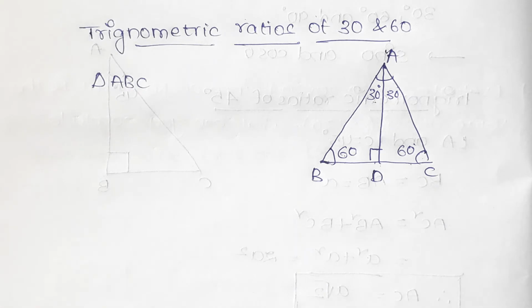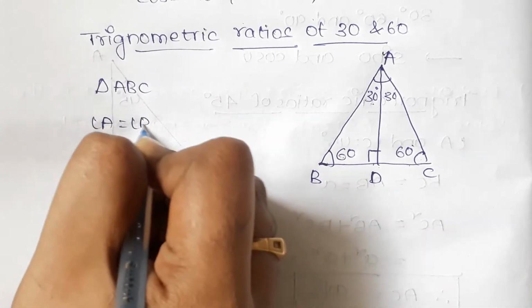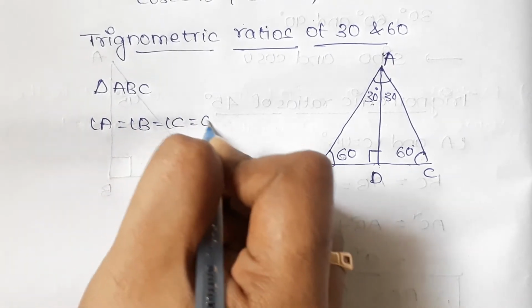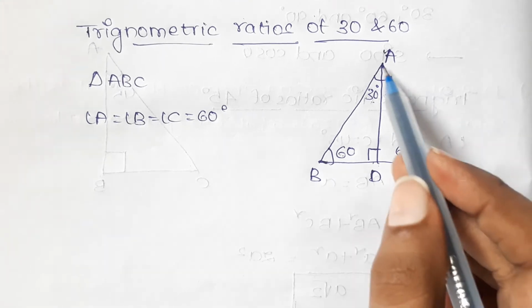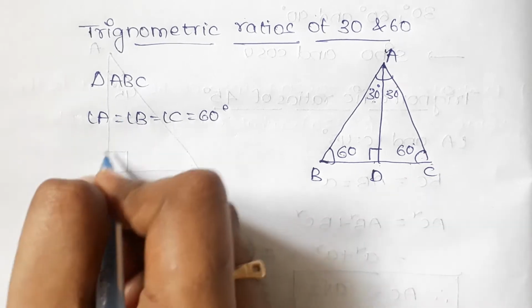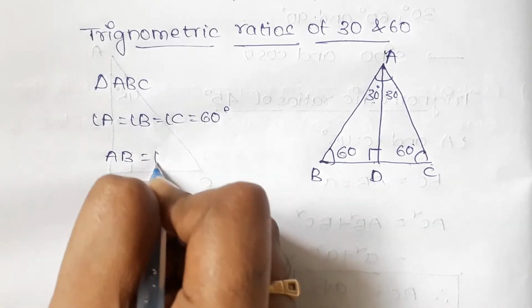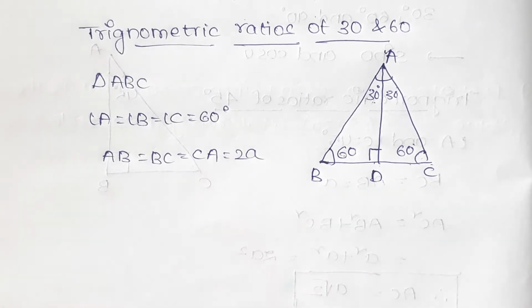And now we have angle A equals angle B equals angle C equals 60 degrees, and the sides of the equilateral triangle, here the sides AB, BC and CA, are nothing but 2A because in an equilateral triangle all sides are equal.